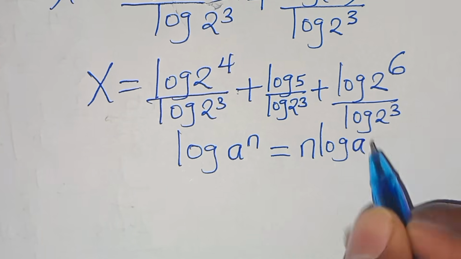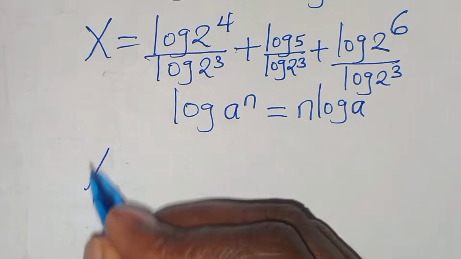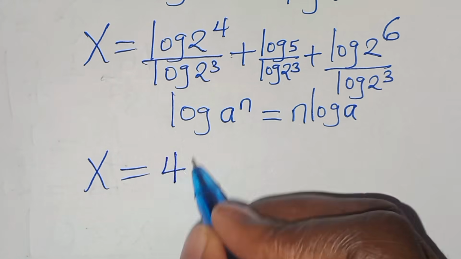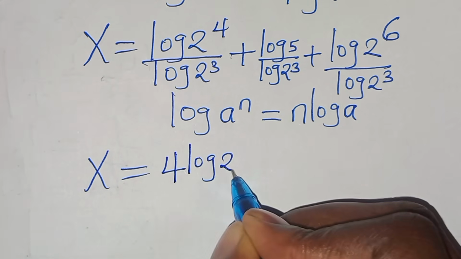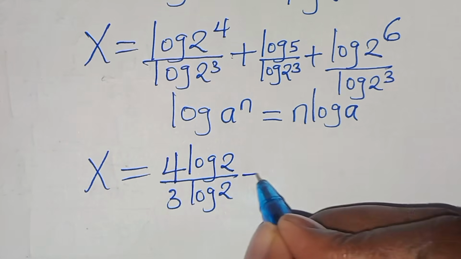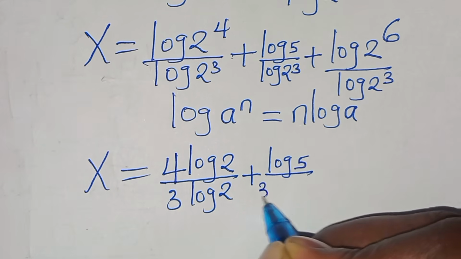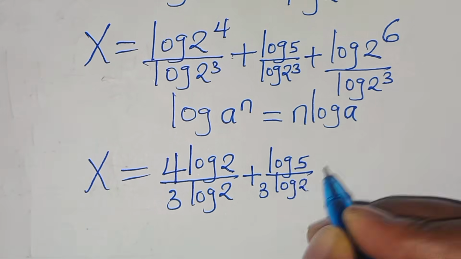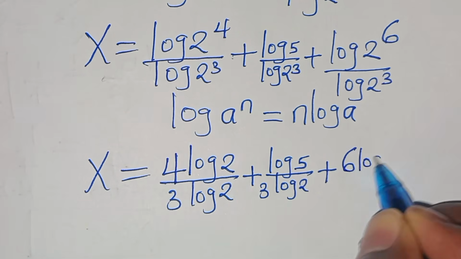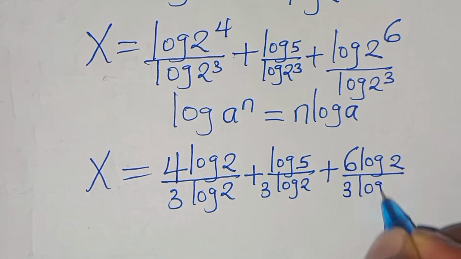Let's apply this power rule property, so that now, here we have x equal to log 2 to the power of 4, this becomes 4 log 2 divided by 3 log 2, then plus, this is log 5 divided by 3 log 2, then plus, here we have log 2 to the power of 6 becomes 6 log 2 divided by 3 log 2.